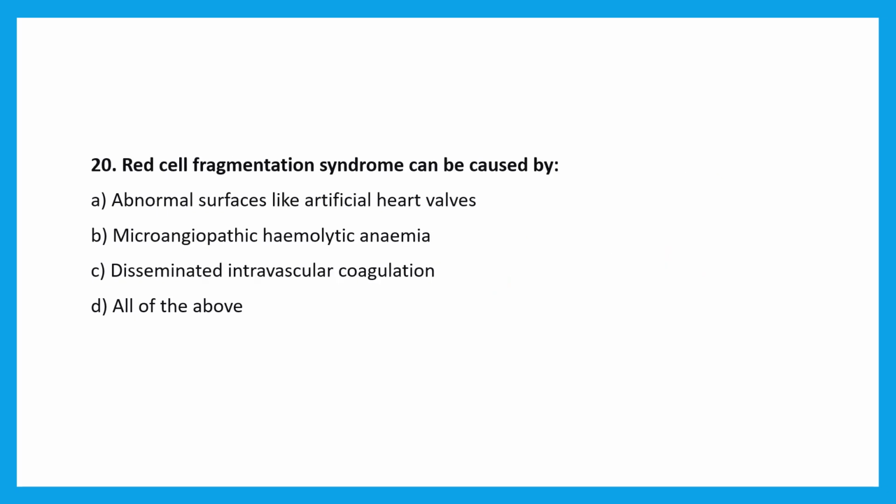Red cell fragmentation syndrome can be caused by what? A, abnormal surfaces like artificial heart valves, B, microangiopathic hemolytic anemia, C, disseminated intravascular coagulation, D, all of the above. Okay, so red cell fragmentation can involve, of course, what is known as mechanical shearing of the same red blood cells that we are talking about.